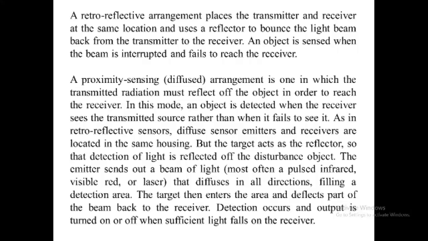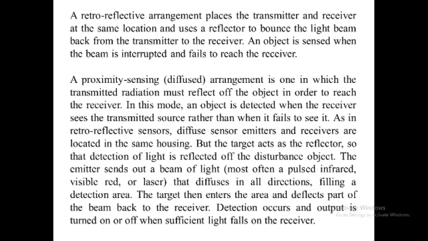There are basically three types of photoelectric sensors available: the through beam sensor, the retroreflective sensor, and the diffuse sensor. Each sensor has its own strength and can be used in a variety of ways. Let us see them one by one. The first one is the through beam sensor.